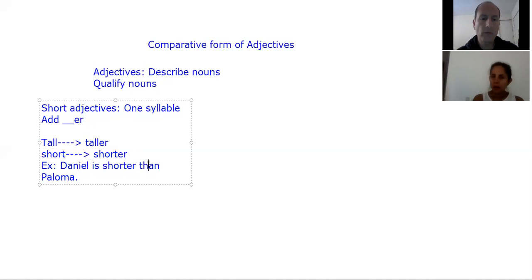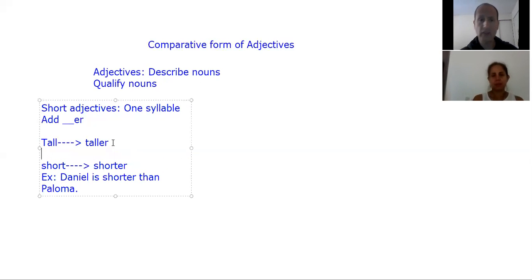When you use the comparative expression, so when you mention the other person or the other object, you use than. We're going to write down the first example here. Now we are going to say that Paloma is taller than Daniel.